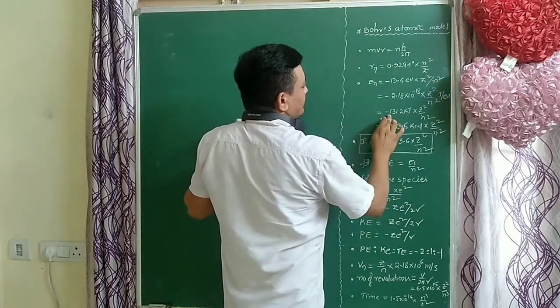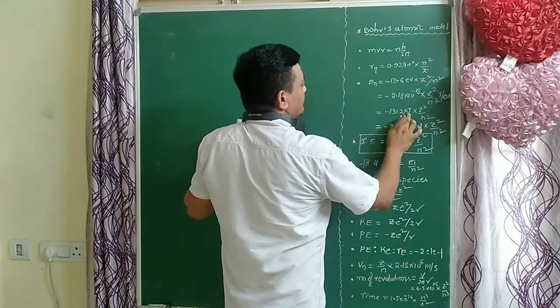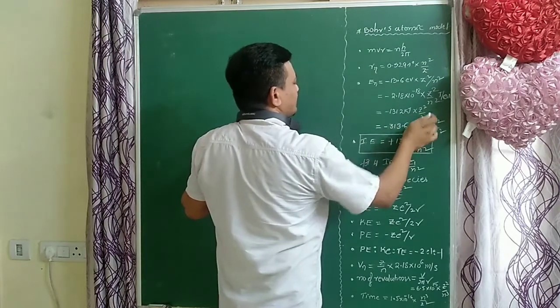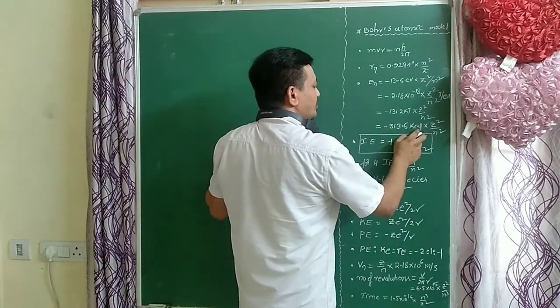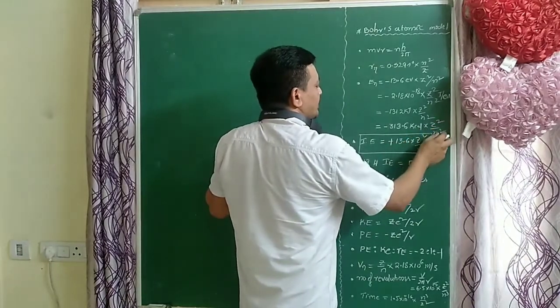And 1312 kilojoule per mole into Z square by n square, or 313.6 kilocalories per mole into Z square by n square.